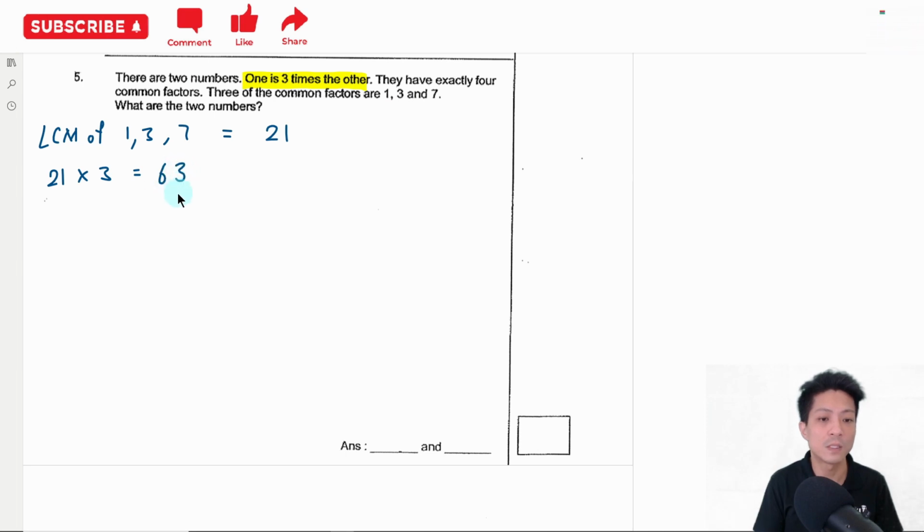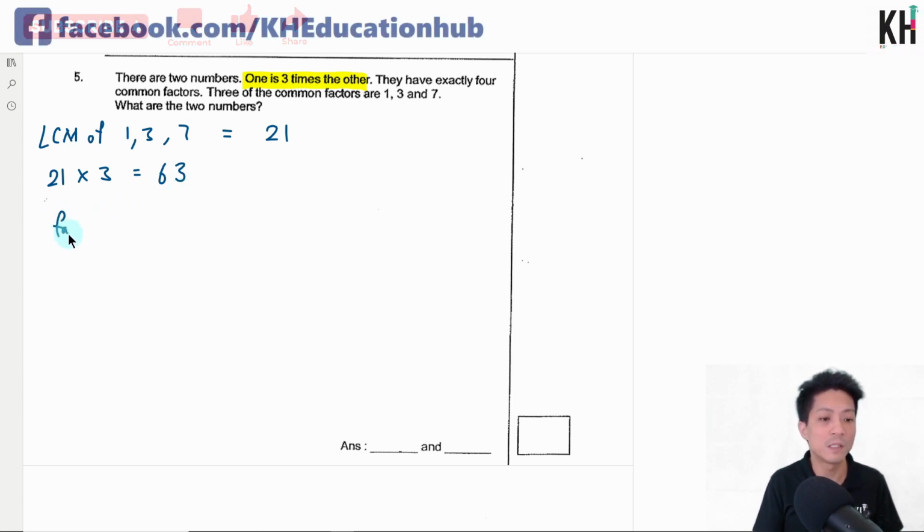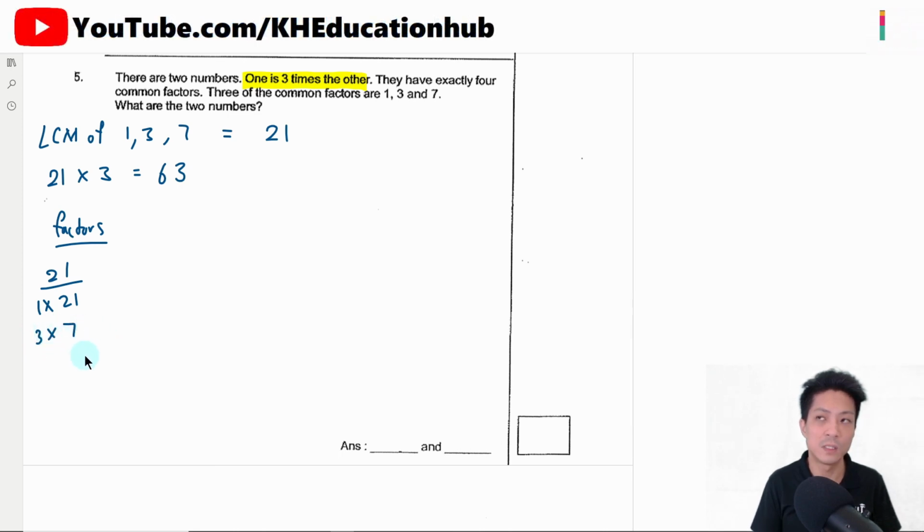So are these 2 the numbers? I'm going to list down the factors first. Factors of 21: 1 times 21, there's no 2, there's 3 times 7. Is there anything else?